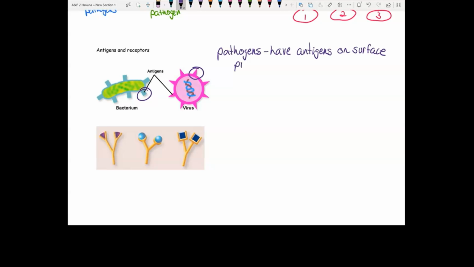They are just a protein on the surface of the cell. And remember, proteins come in different shapes. So each antigen has a particular shape, and the shape is specific to that species. So you use the antigens of the pathogen to identify which species you are sick with.